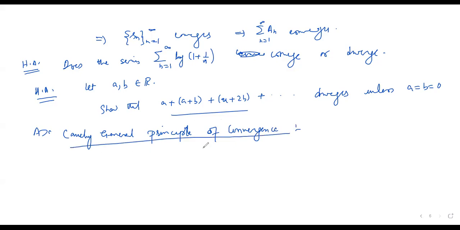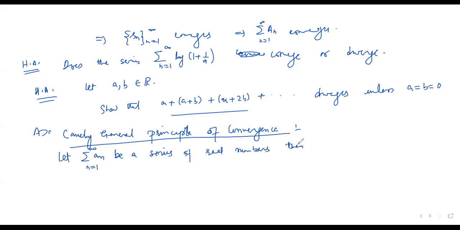Cauchy general principle of convergence says, जो हमने किया था, now let summation an, n runs from 1 to infinity, be a series of real numbers.